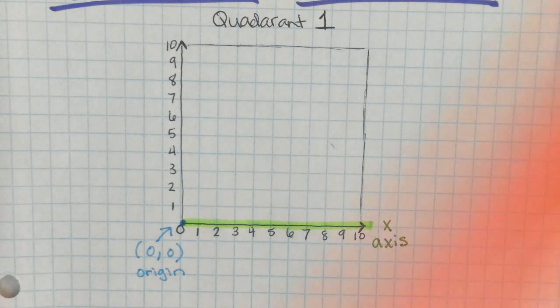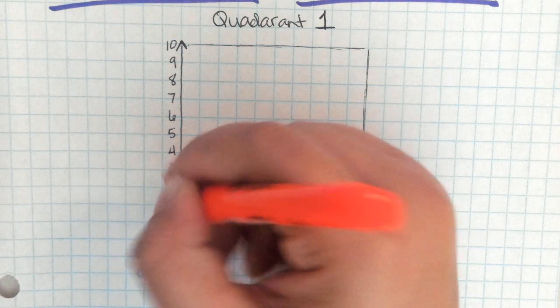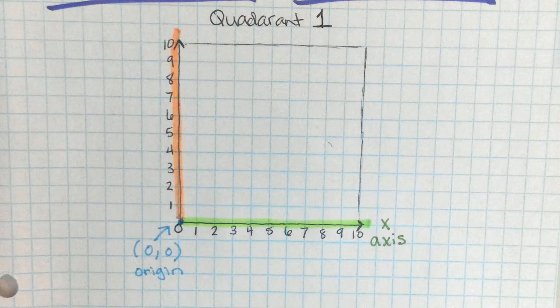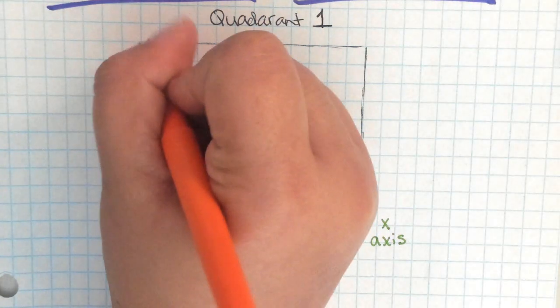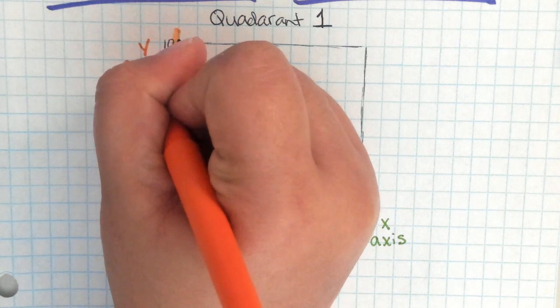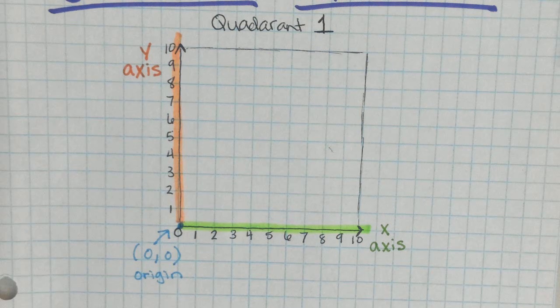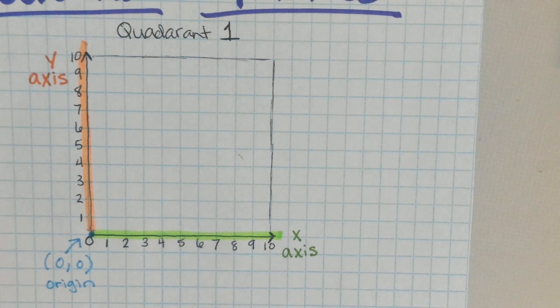I'm going to take a second color and highlight my vertical line moving up, and that is my y-axis. And label it my y-axis. Those are the key components of how to read your coordinate plane, your quadrant 1 graph.